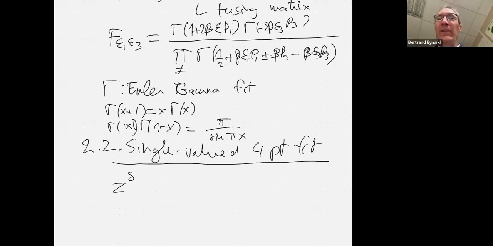So to build a single-valued contribution, we should remember that correlation functions can also depend on z bar, the complex conjugate. So if you have a combination like z to the power delta and z bar to the same power delta, that's single-valued. That's really a modulus squared, and it doesn't have any monodromy around any point.